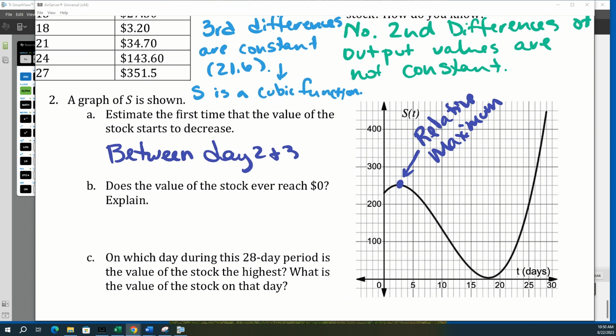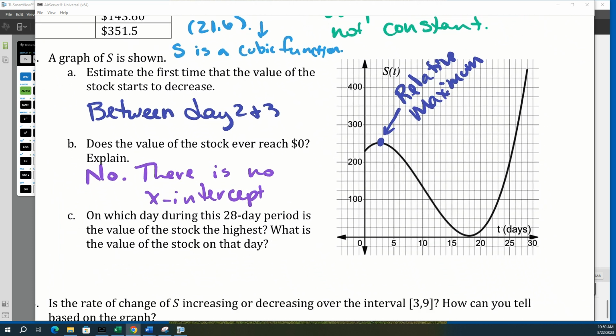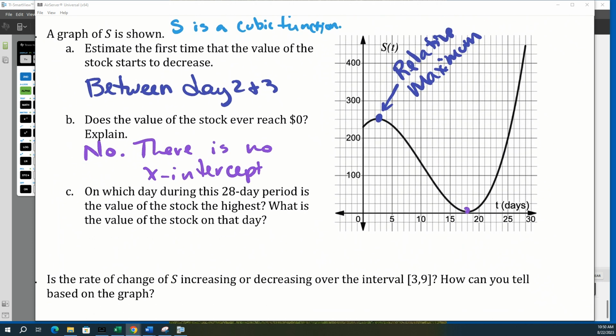Not really. If you zoom in real close, it's hard to zoom in on your paper, but no. And I just said that to explain there is no x-intercept. What is that point called? Relative minimum. Good.